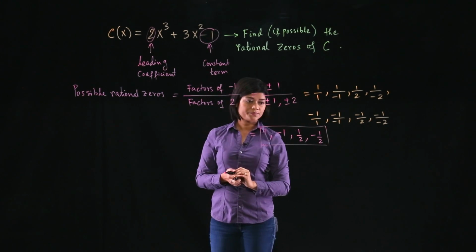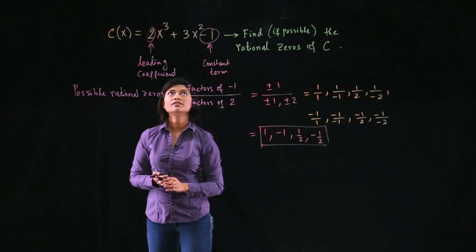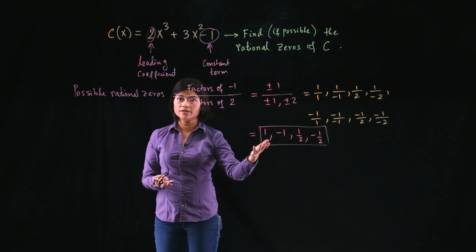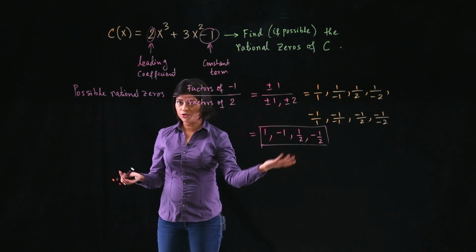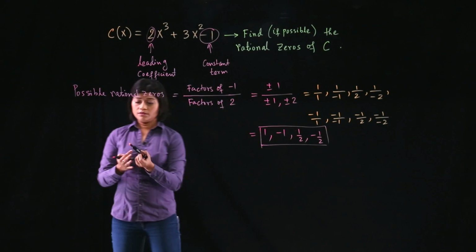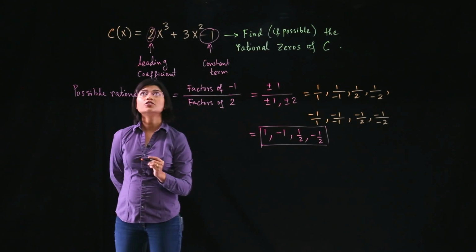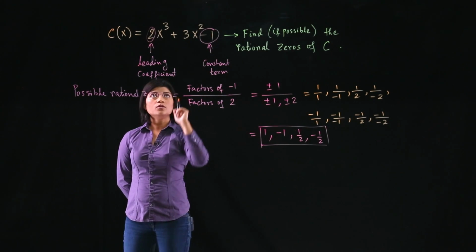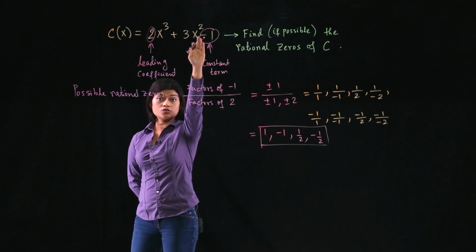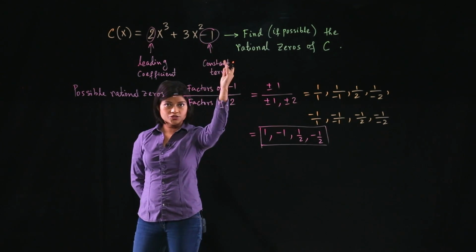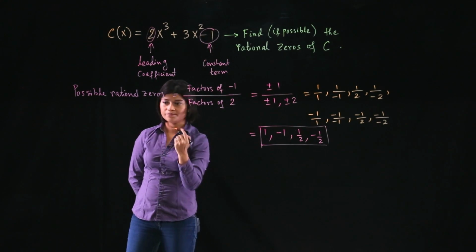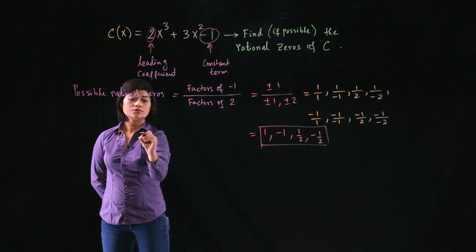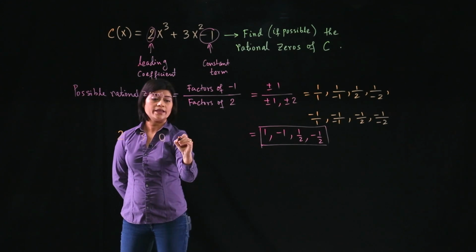How can we check? We can quickly try synthetic division to check which ones are zeros and which ones are not. Let's take the function and write down all the coefficients. Be careful, notice that there is no x term, therefore the coefficient of the x term is 0, which we have to consider. So the coefficients are 2, 3, 0, and negative 1.